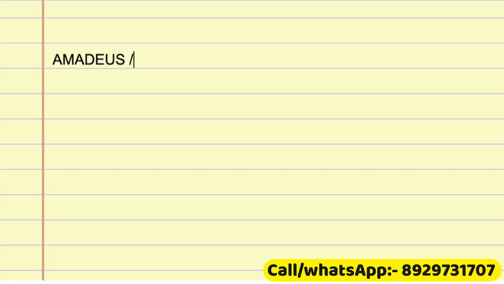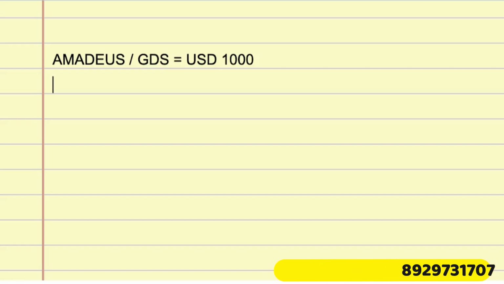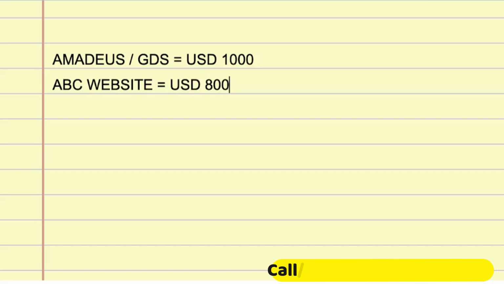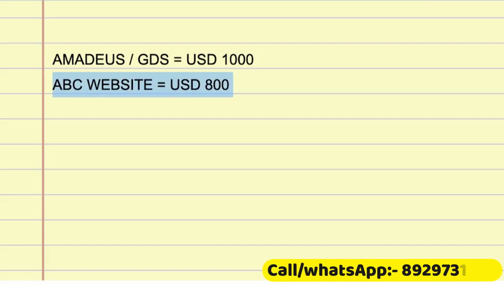So what happens in that case? Let's say, for example, on your Amadeus or your GDS you are getting a price of USD 1000, and for the same booking, or maybe a different booking that the passenger is okay with, you're getting USD 800 on some other website, let's say ABC website. Obviously you're going to book from this one, because ultimately you're selling it to the customer for $1,200.